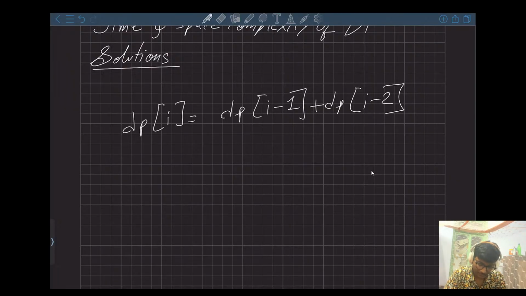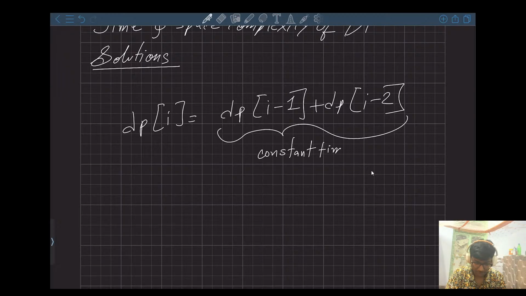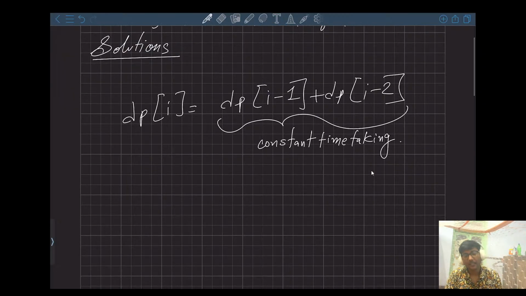This summation is a constant time thing, right? So in this case, every transition takes constant time, and my time complexity will be just the number of states.